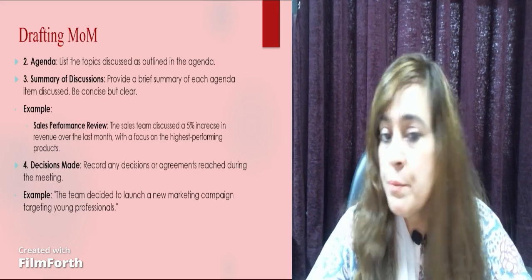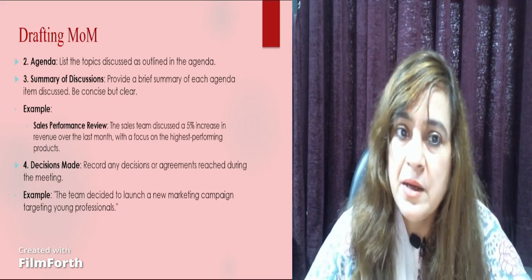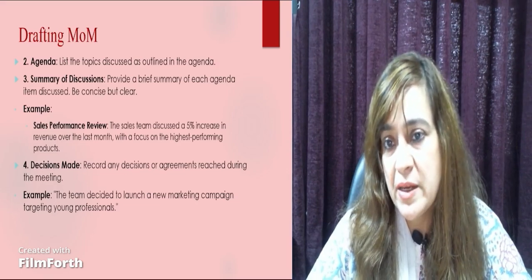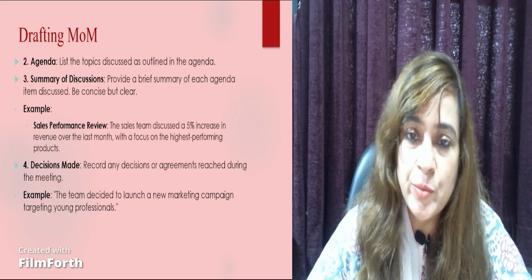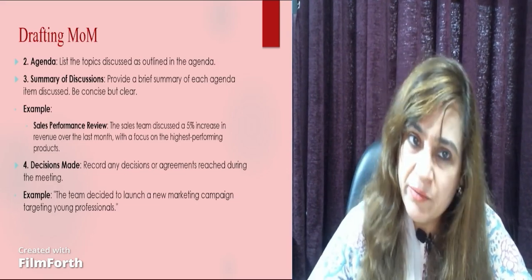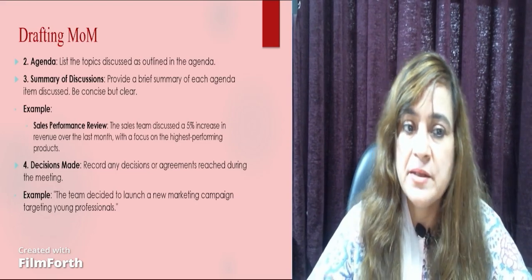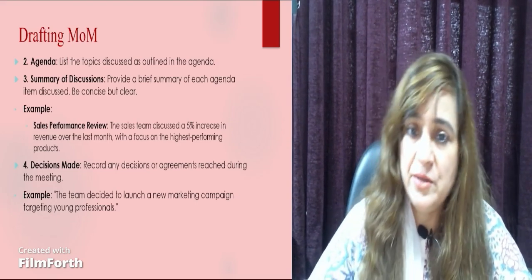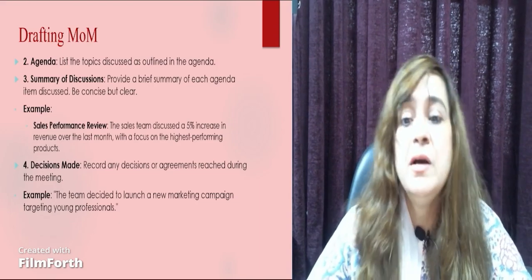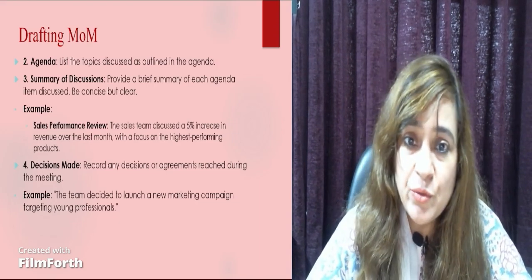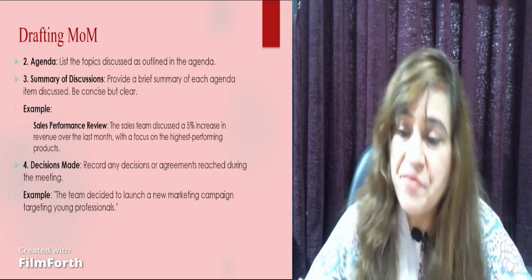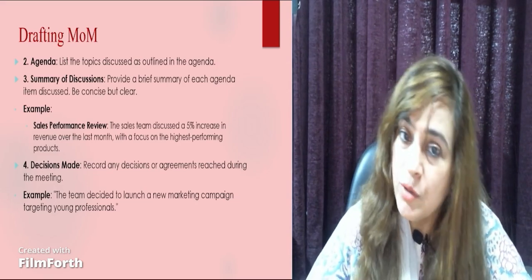But this summary has to be very clear and very concise, and contracted words need to be used. It should not be lengthy, but very to the point. For example, sales performance review: the sales team has discussed that there would be some 5% increase in the revenue, and of course the focus is on the highest performing products. Everything goes down into writing.